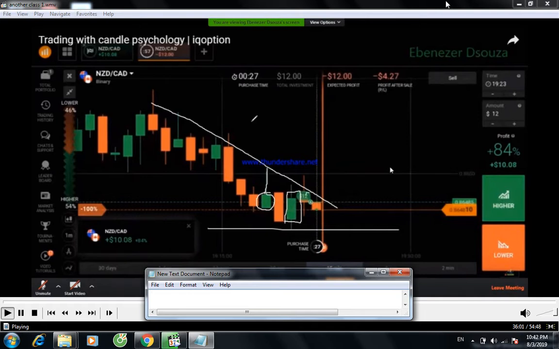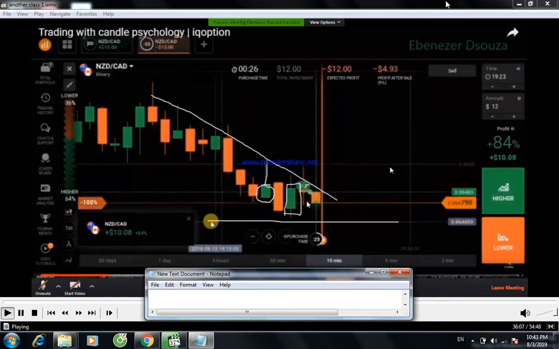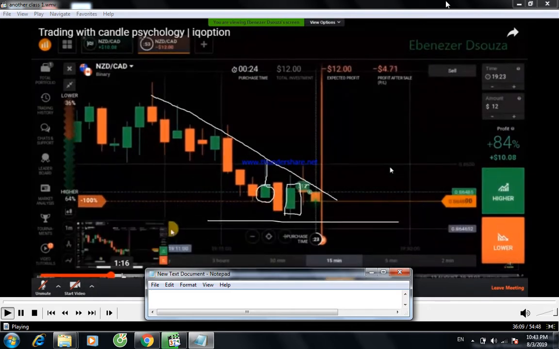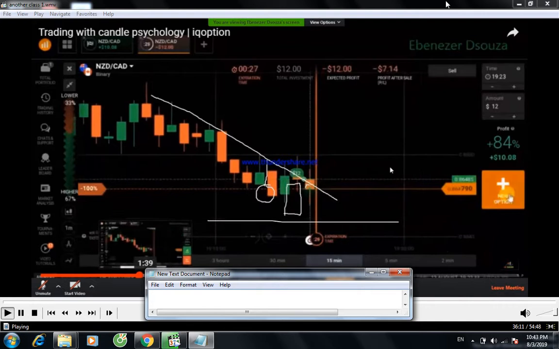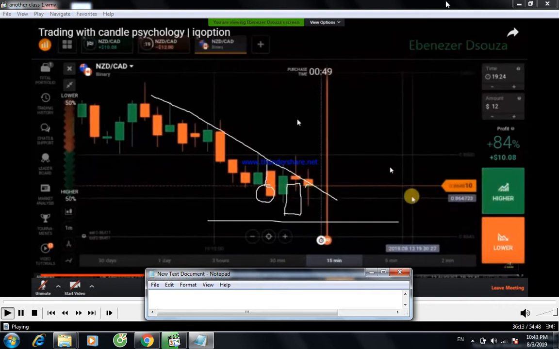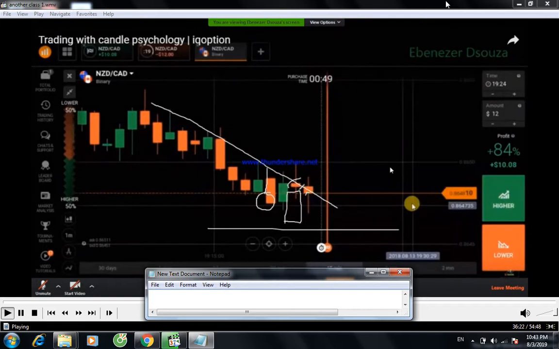Just wait. So we are seeing only one small candle here. Just wait. Okay. This is a very weak candle. This candle has a very weak body.